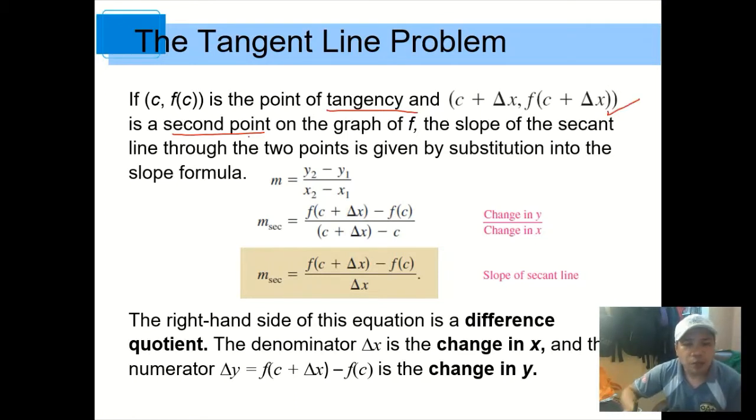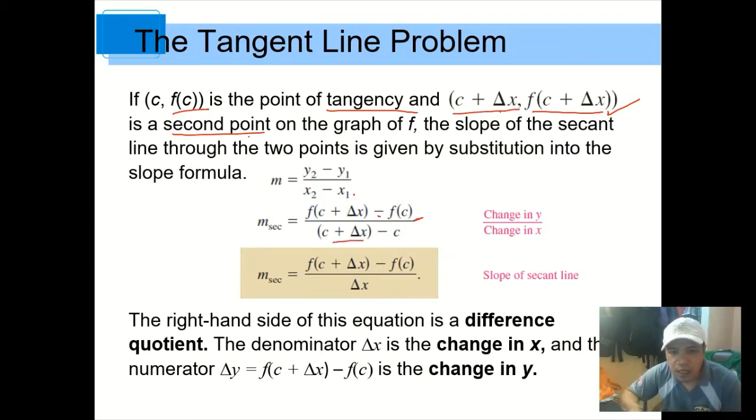Going back, the formula for slope is y sub 2 minus y sub 1 all over x sub 2 minus x sub 1. Our y sub 2 is f of c plus delta x, minus y sub 1, f of c. Then x sub 2 is c plus delta x, minus c.